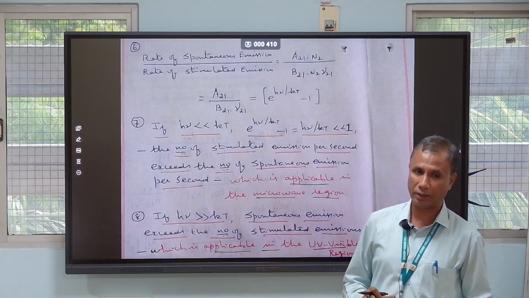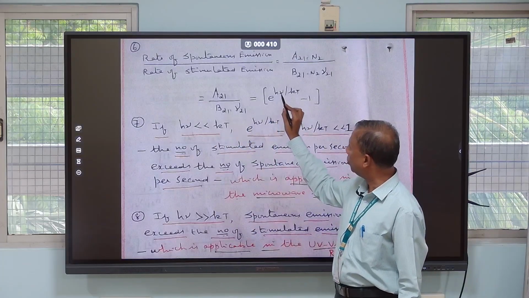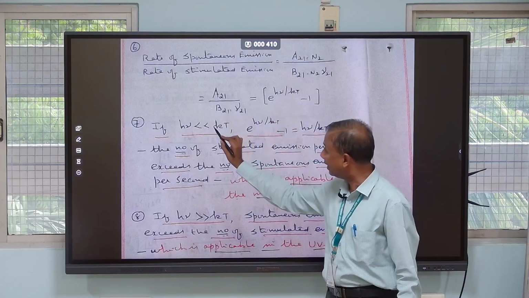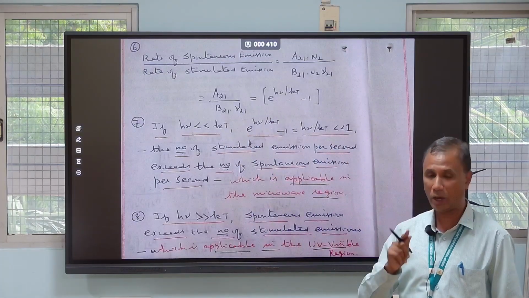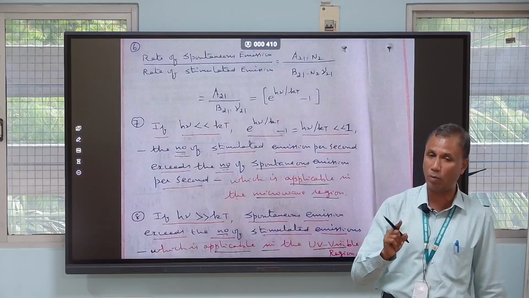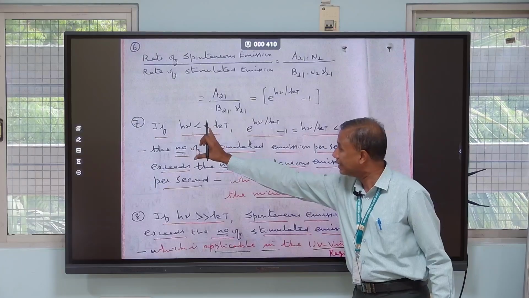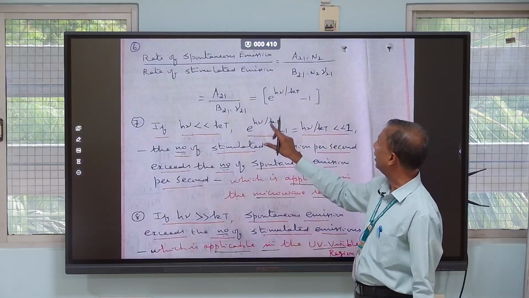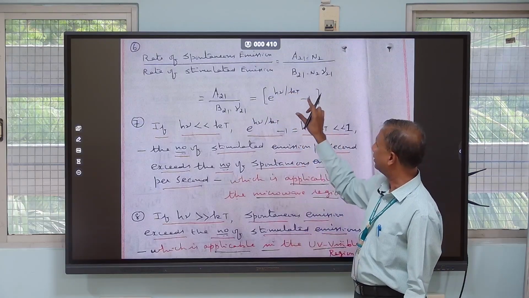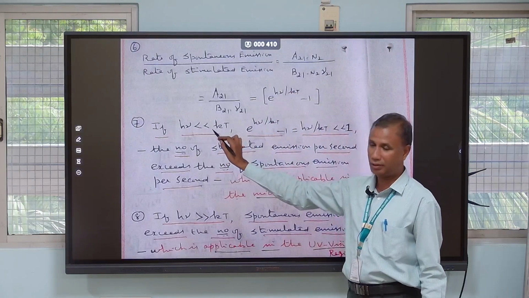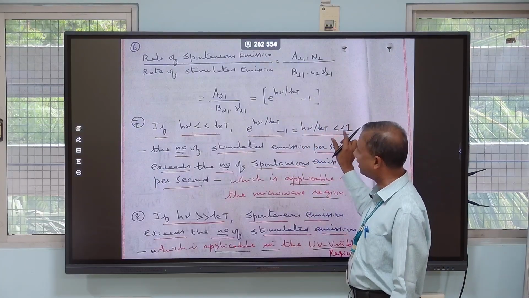Here there are two cases. The first case is if h nu is lesser than kT. You know very well that energy E is equal to h nu. If h nu is lesser than kT, look at the term e power h nu by kT. In this condition, h nu by kT is lesser than 1.